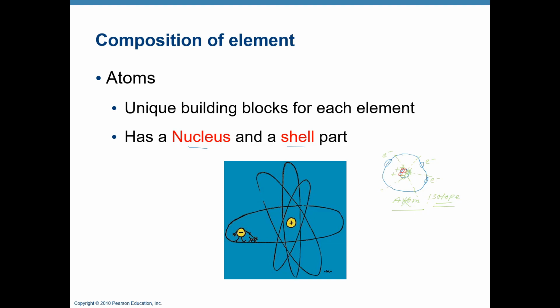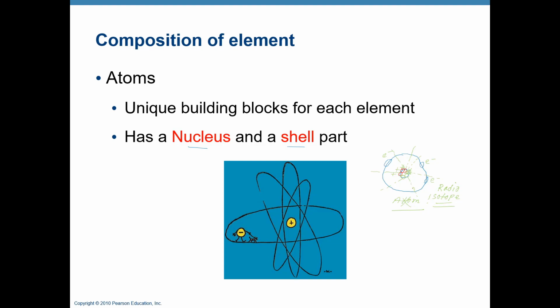If that isotope emits radiation, that will be termed as a radioisotope. Make sense? So if the isotope doesn't emit or release radiation, it is an isotope.